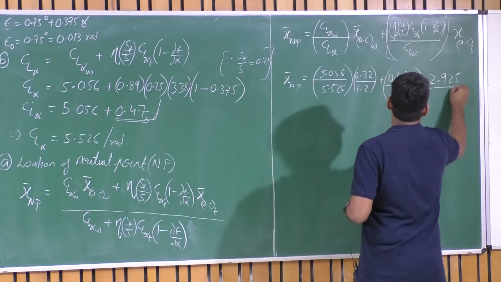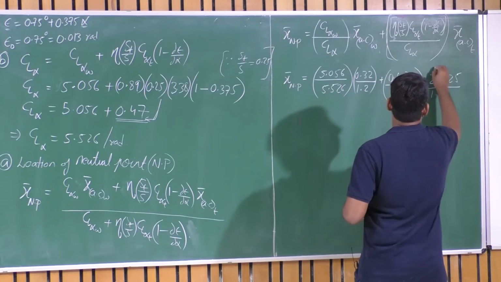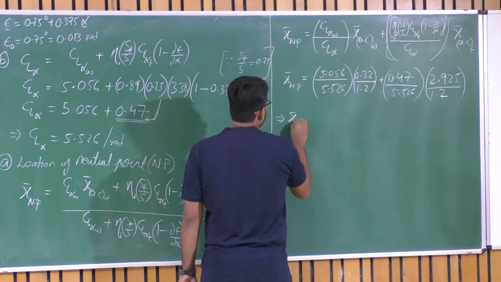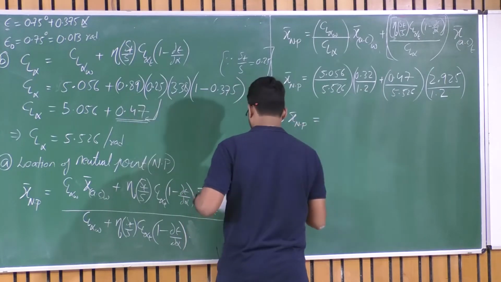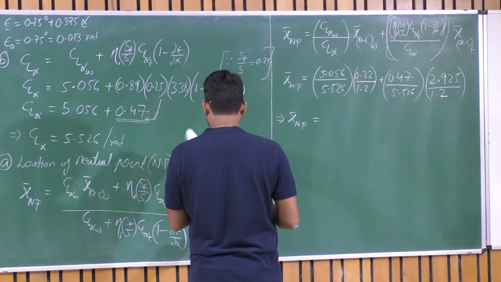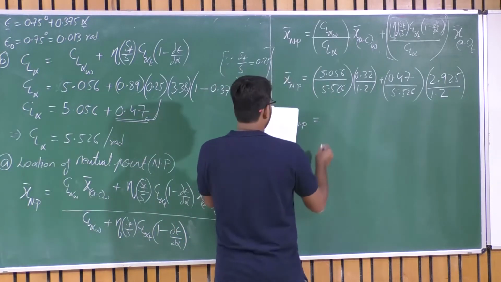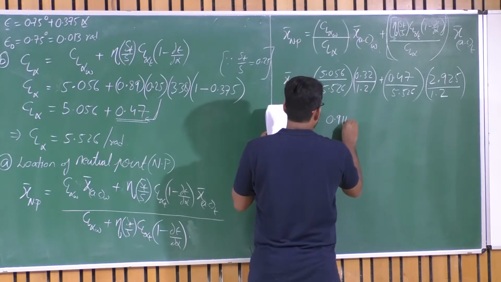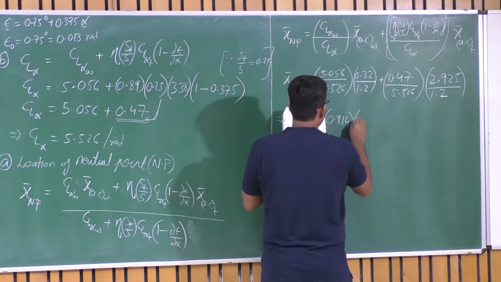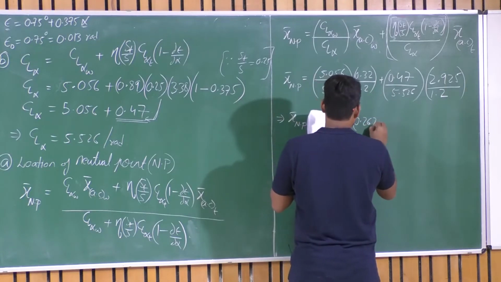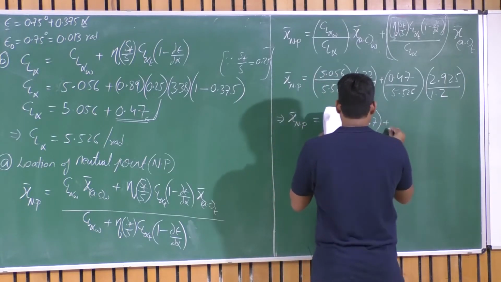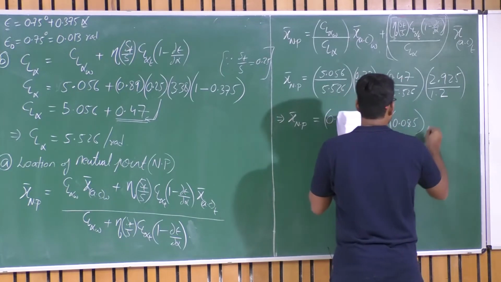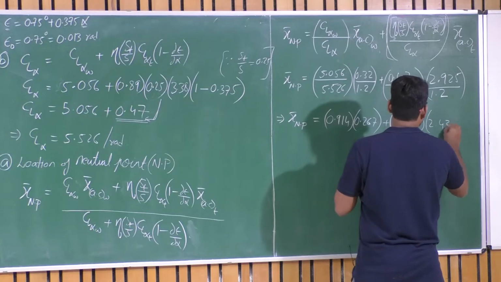So from here, x bar NP, the neutral point, equals 0.914 times 0.267 plus 0.085 times 2.438.